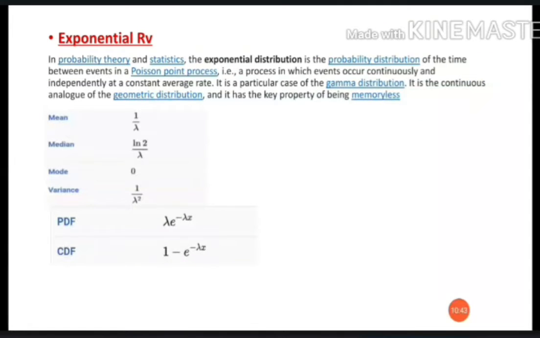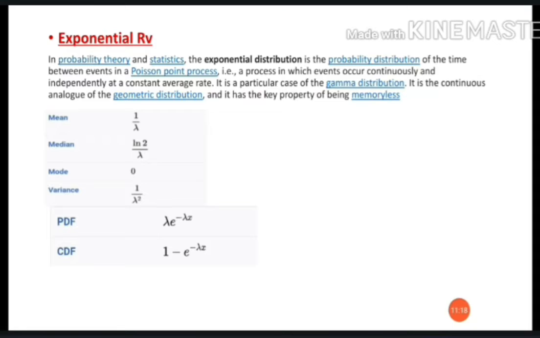Let's analyze the next one, the exponential random variable. In probability theory and statistics, the exponential distribution is the probability distribution of the time between events in a Poisson point process. That is a process in which events occur continuously and independently at a constant average rate. It is a special case of the gamma distribution. It is the continuous analog of the geometric distribution, and it has the key property of being memoryless.